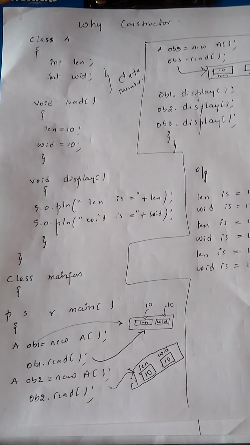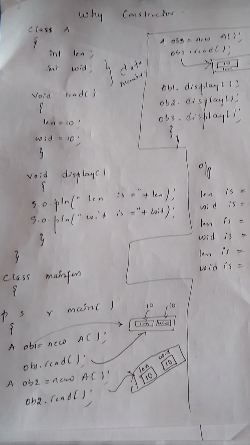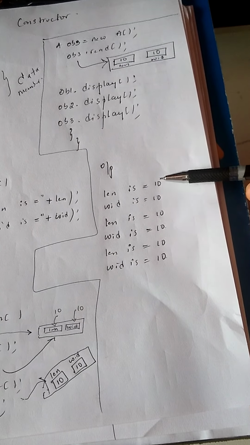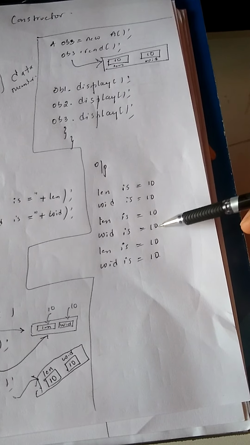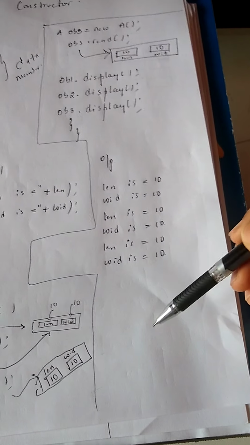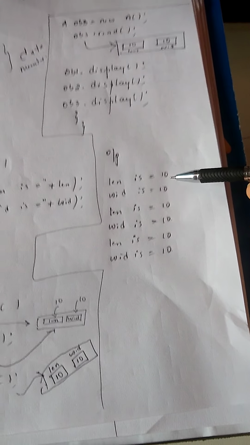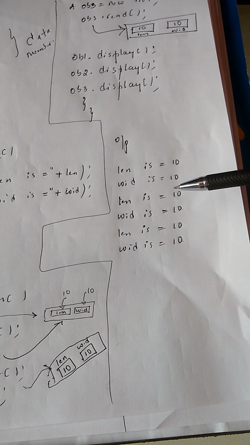And if you observe, with respect to each and every object, for length as well as width, I'm getting the same value. Even if I create 10 objects or 1000 objects, I'll get the same value for length as well as width. This is a drawback.